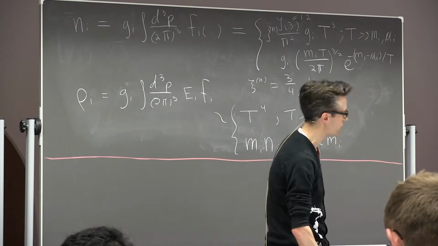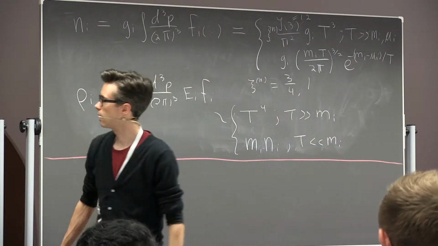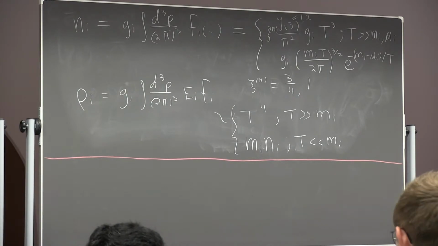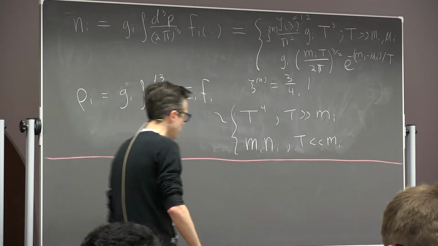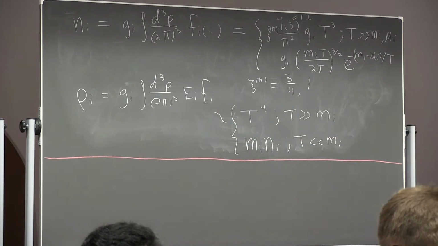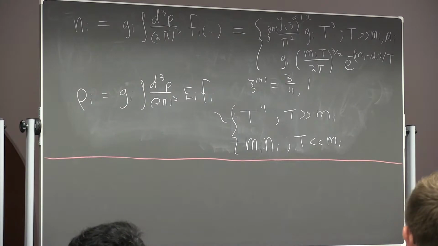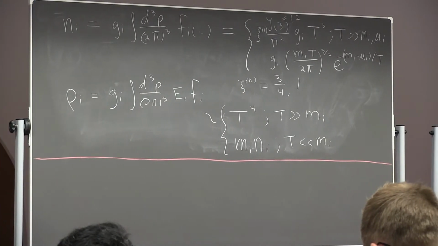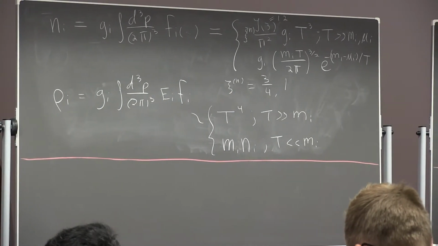There's one other aspect of equilibrium that I want to get to, and that relates to these chemical potentials. I haven't said too much about chemical potentials, but chemical potentials, if you like, are knobs that you can turn to adjust number densities. If you think of the temperature as a knob you turn to adjust the average energy, the chemical potential is similar, but it's a knob you turn to change number densities.